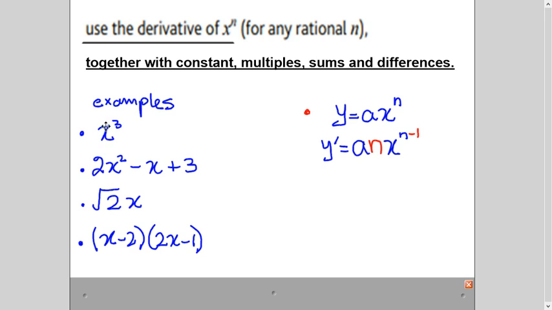You are taking powers, multiplying, subtracting, taking roots. These types of polynomial functions and expressions, you need to know how to differentiate, and you know the basic differentiation. So the requirement of the syllabus is that you need to know how to handle these types of expressions and differentiate them to find their gradient function.